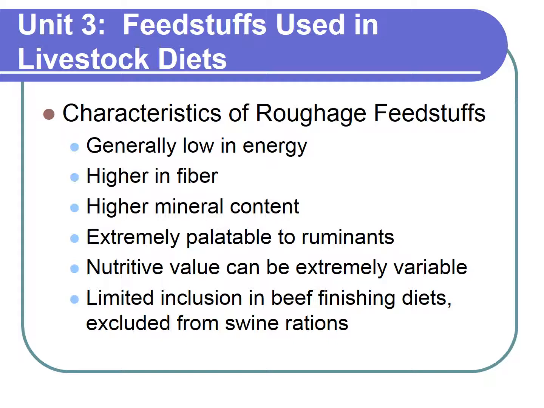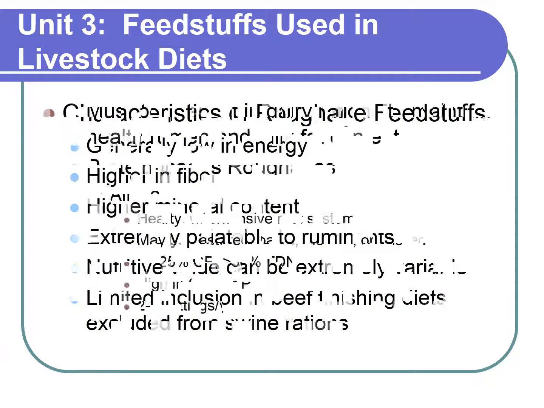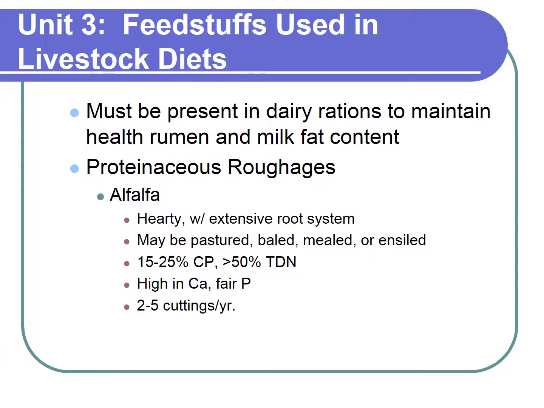If you're talking about a beef finishing diet, we may not go very high on roughages, and clearly in a swine ration, it's not probably very economical to be feeding alfalfa hay to our finishing pigs, so you're not going to find that in there. But when you refer to dairy cattle, sheep, goats, it's going to be the primary feedstuff in order to maintain rumen health, maintain milk production, maintain cow health, etc.